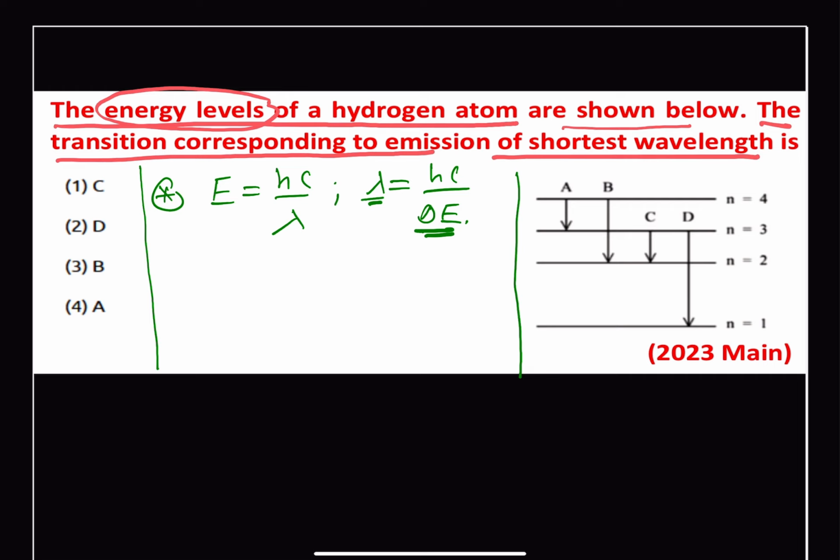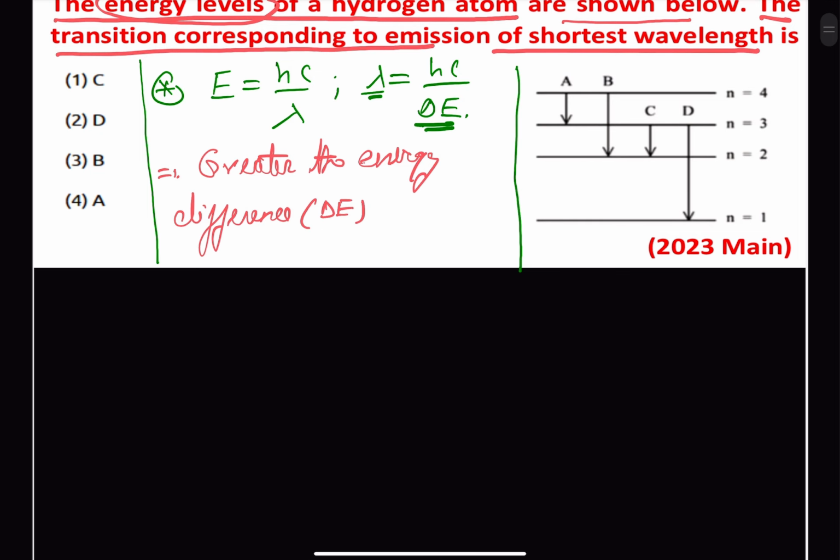So from here we can draw an important conclusion that greater the energy difference, which is our delta E, we can say shorter is the wavelength, which is represented as lambda.